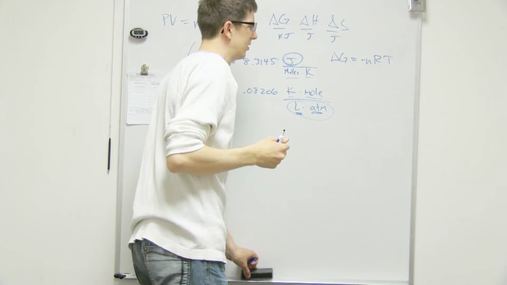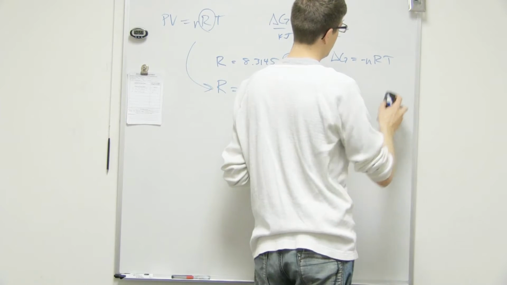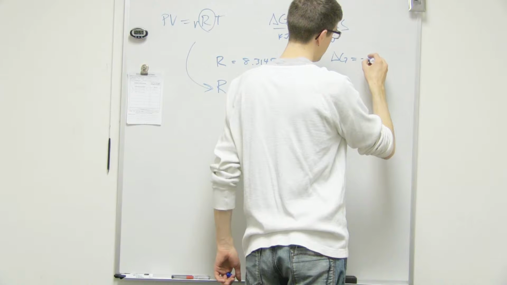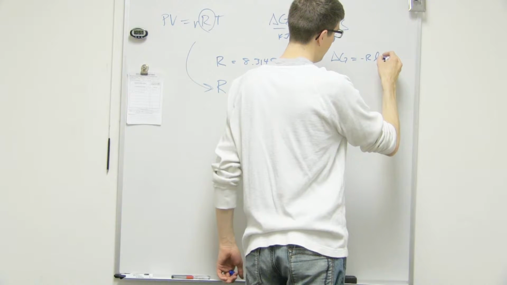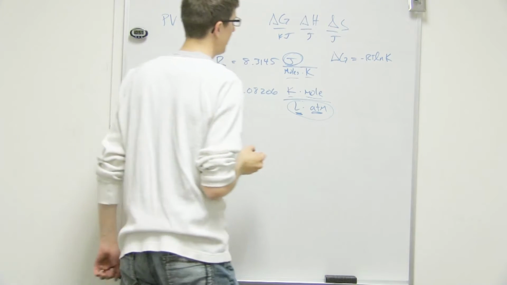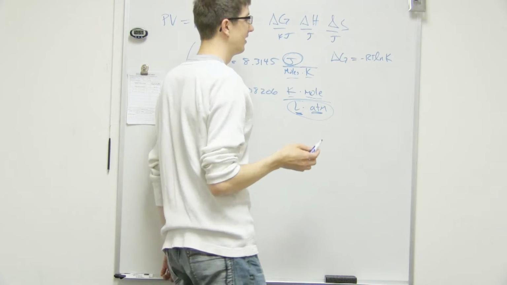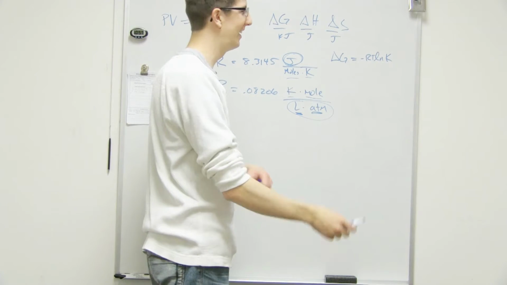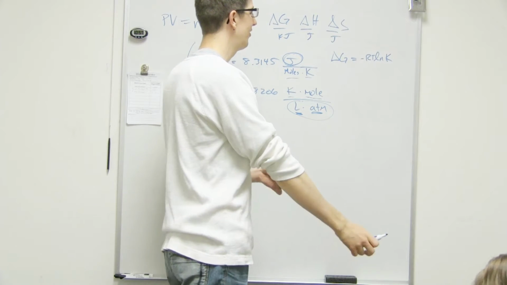Oh crap. Negative RT ln of K. Yeah, there it is. I can't believe I already forgot that. That was last chapter. Even as your tutor, I just pushed that to the side. Negative RT ln of K.